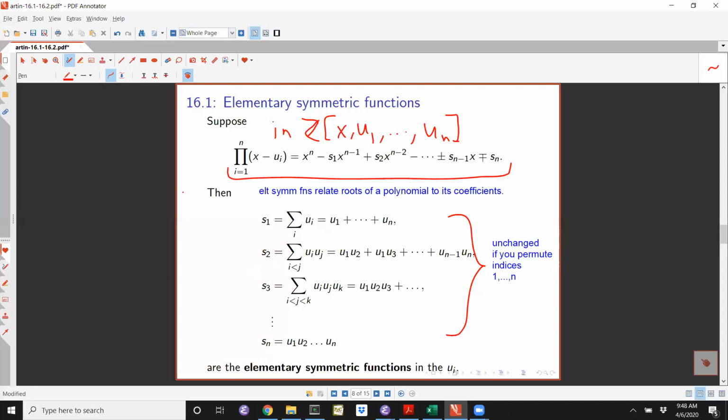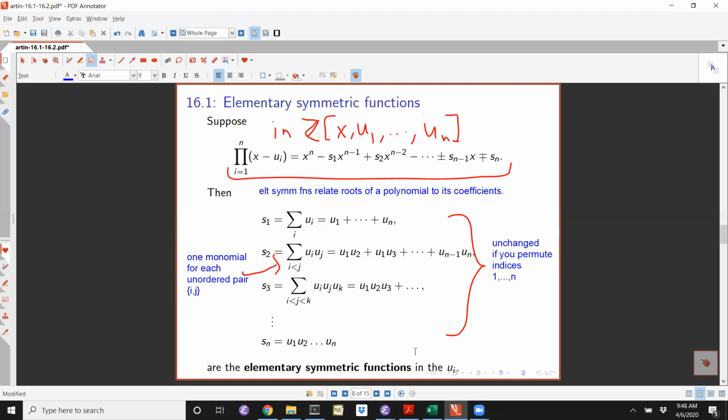Let me type this out. For example, in S2, what's really happening is that there's exactly one monomial for each unordered pair i, j.